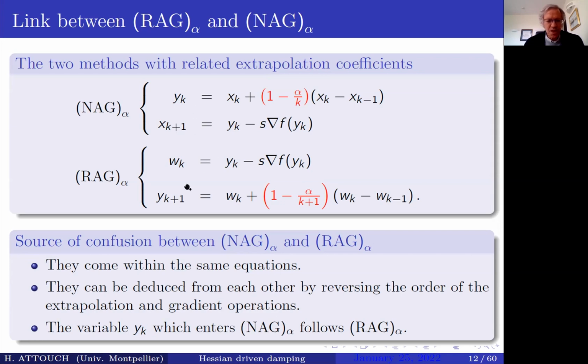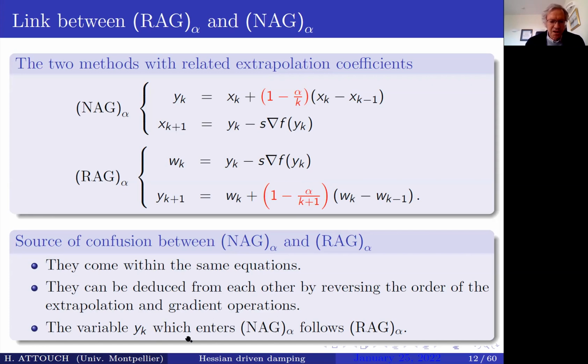Okay, so in fact the two methods come within the same equation. In both methods you have extrapolation and a gradient step. The point is that the order is not the same. In Nesterov, you first do extrapolation and then gradient. In RAG, you first do gradient steps and then extrapolation. So the order is reversed, you see. They come within the same equation, but in a reversed way.